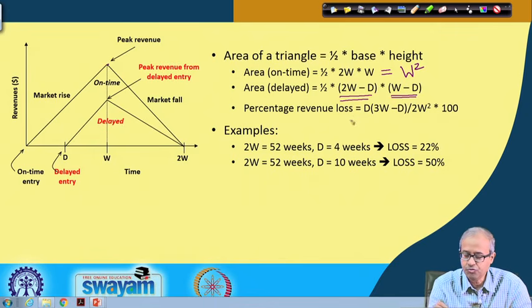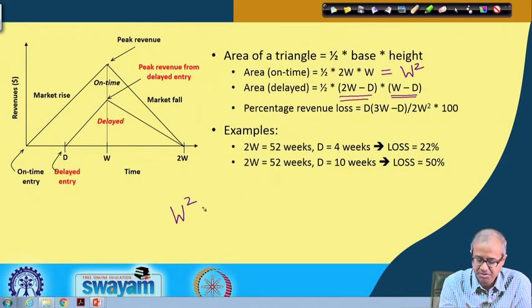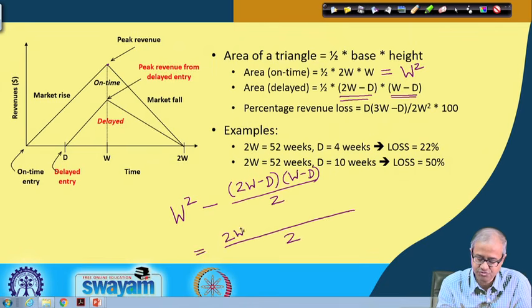Now, if you want to estimate the revenue loss because of this, initially it was W square, but in the modified version it becomes 2W minus D multiplied by W minus D divided by 2.